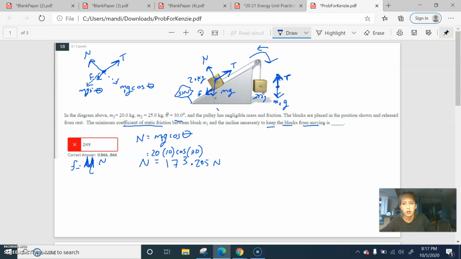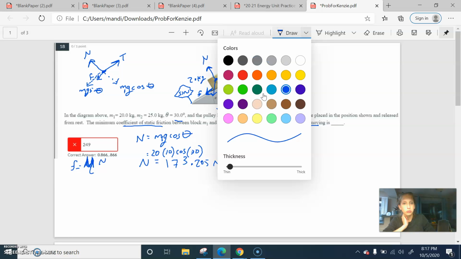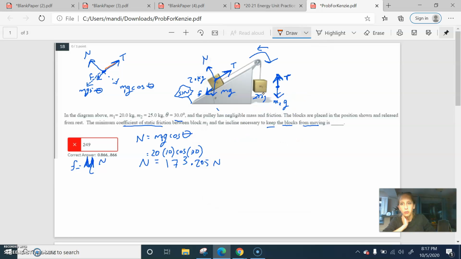Okay, so we want to figure that out. We've got normal. Do we have this friction force? No. Okay. But we know that within our drawing, going up the ramp has to balance what's going down the ramp.